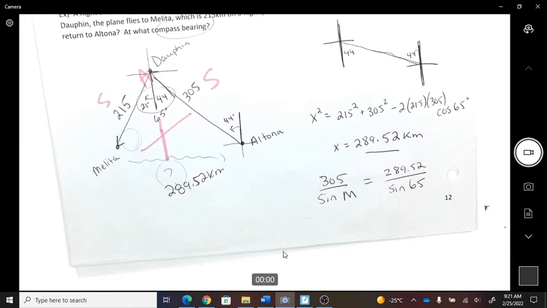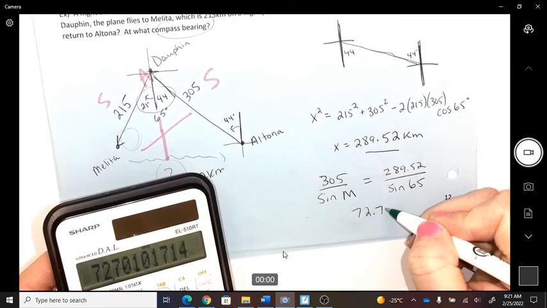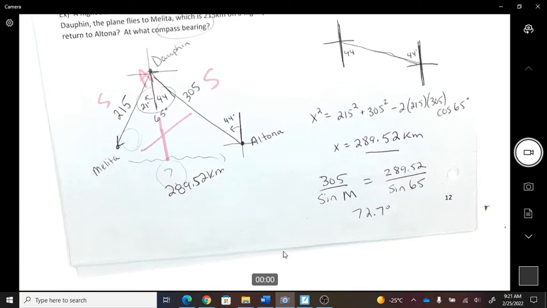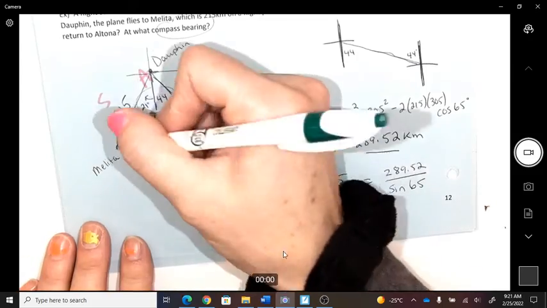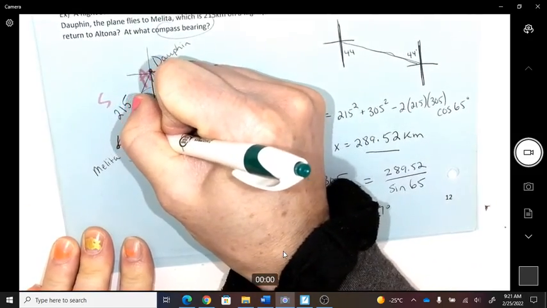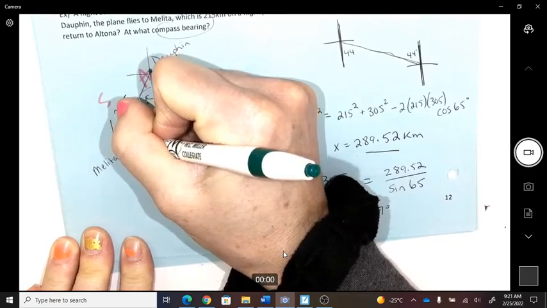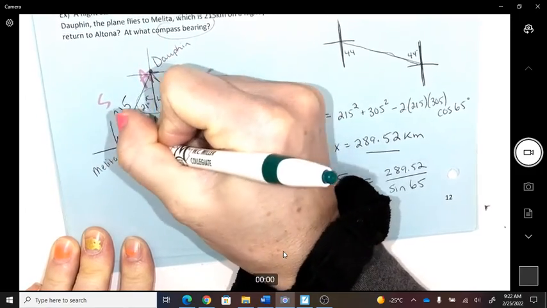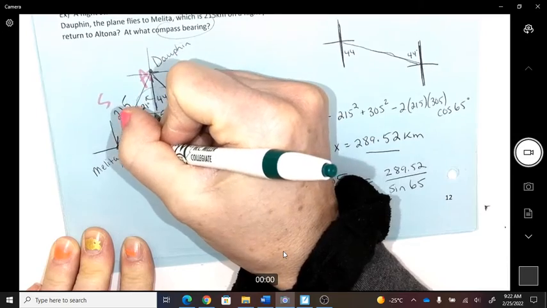Okay, so times, divide, and this is an inverse, right? So 72.7, that was working. Okay, so that's the angle here. But that's not a compass bearing. So I'm going to draw a compass.